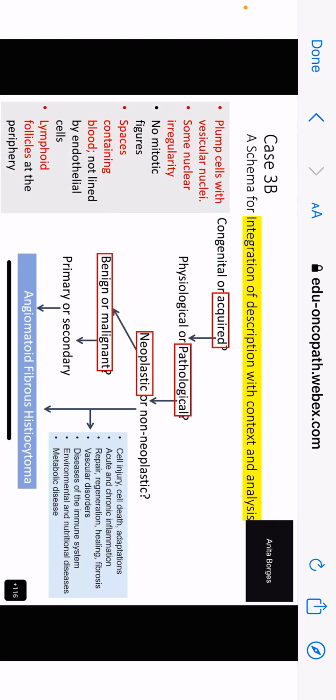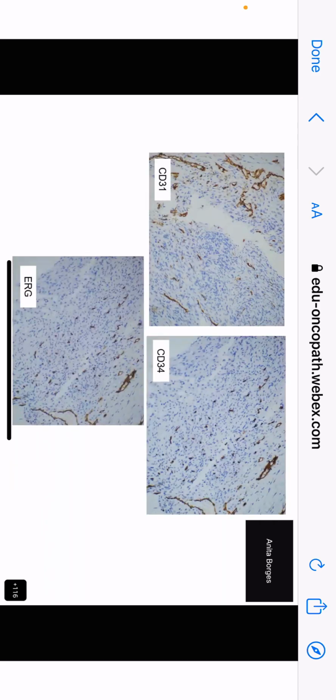Now you all have this. You already have these pictures. So go look at them, read the books, and it will tell you what this entity is and how it looks. Okay. So here, nothing helps, no immunohistochemistry helps. You can do everything.